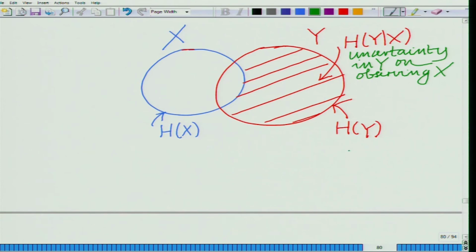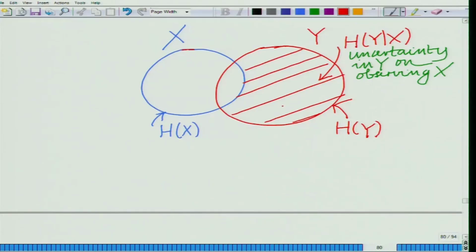Alright. So, we have information in x, information in y. The portion in y not in x is the information remaining in y, that is, the portion in y but not in x.